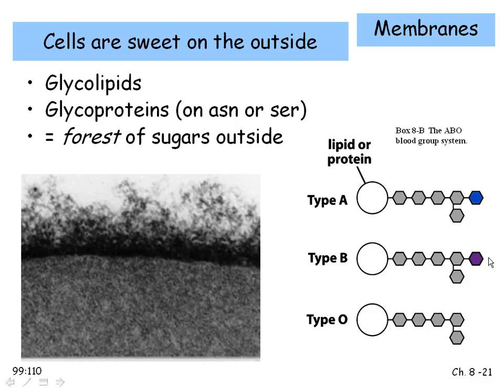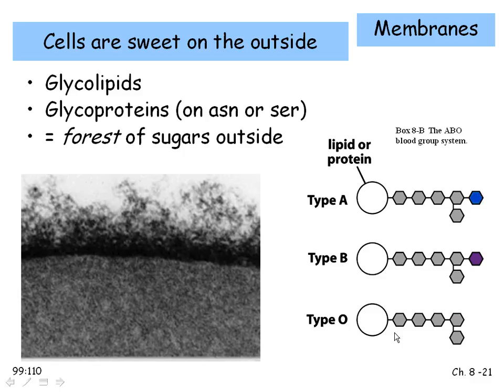Since type B people have the purple thing, they can raise antibodies against type A. And since the type A people have the blue thing, they can raise antibodies against type B. But people who have blood type O don't have either one of those. So someone who's type A or type B can receive type O blood because there's no nasty sugars on it.